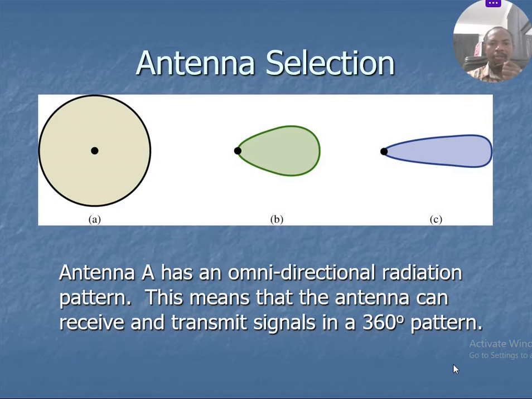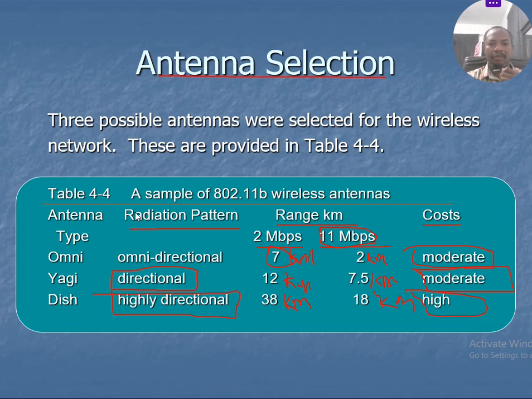The antenna selection. If you take a look at this, this is figure A. Antenna A is what we call the omnidirectional. Remember, we've mentioned the omnidirectional type of antenna.